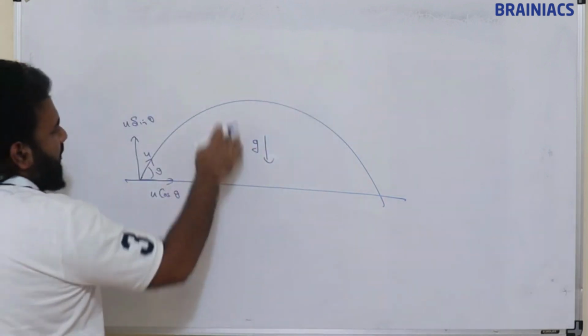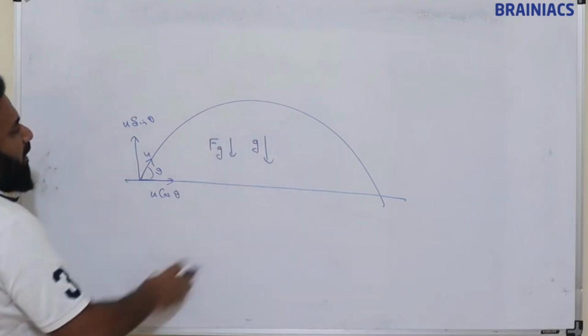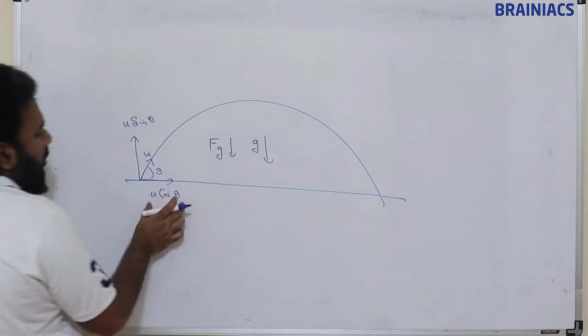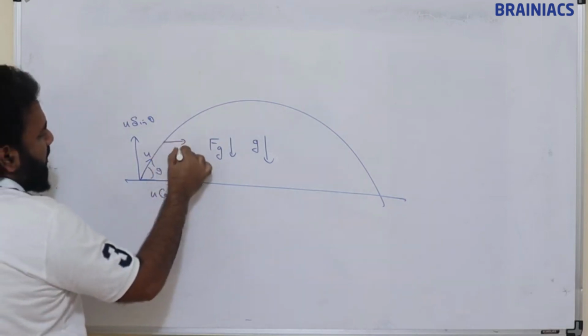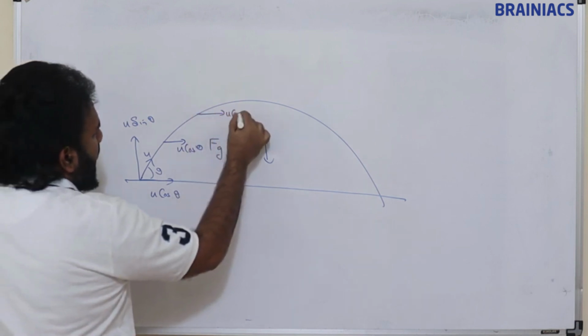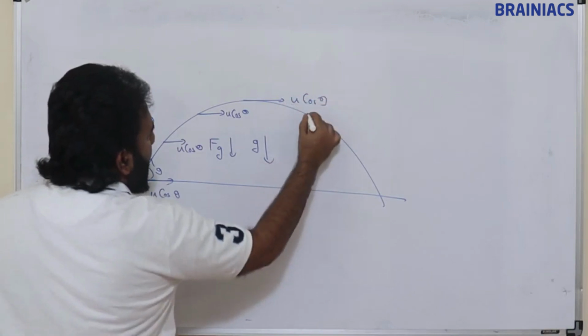So based on the behavior of the motion we will apply the equation also. Since acceleration due to gravity is acting in the vertical direction, and no force, no acceleration in the horizontal direction, this u cos theta will be constant. That is, the horizontal component of velocity will be constant throughout the motion.